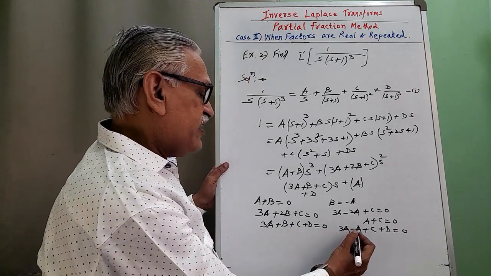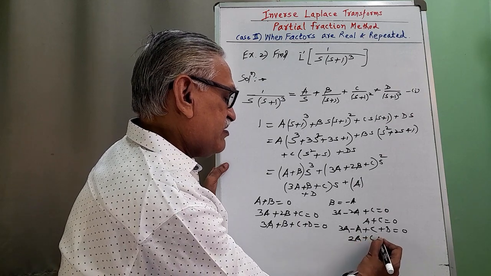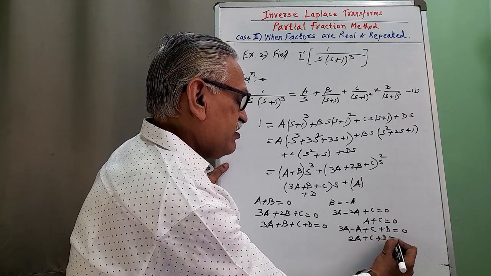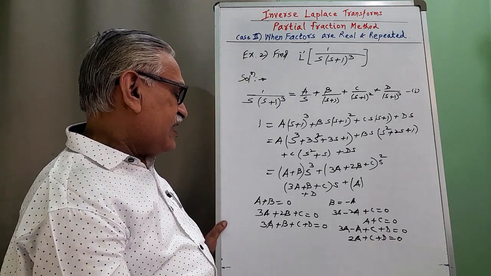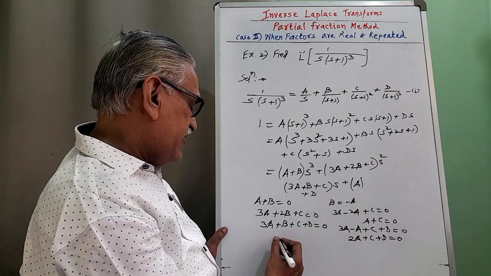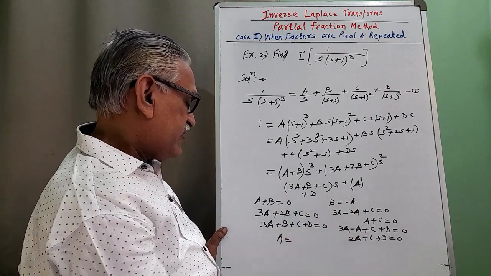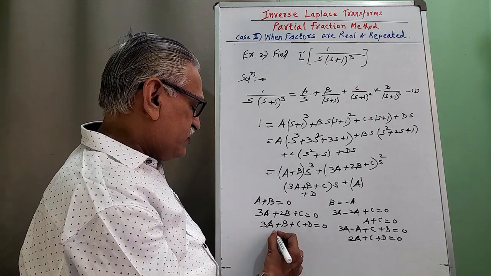We have 3a minus a as 2a, plus c plus d is equal to 0. And then lastly, here the constant term is a, and the constant term on the left hand side is 1, therefore we get a is equal to 1.